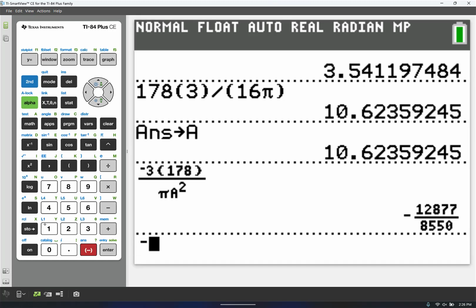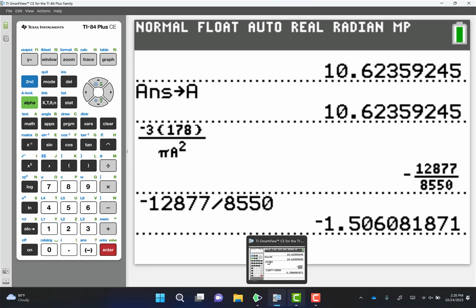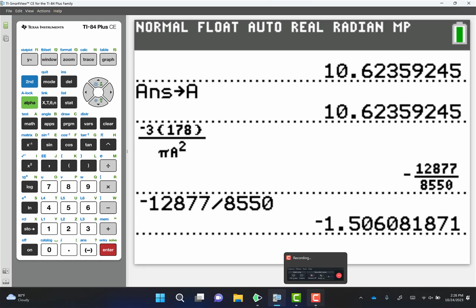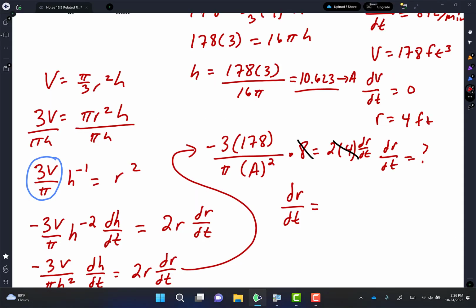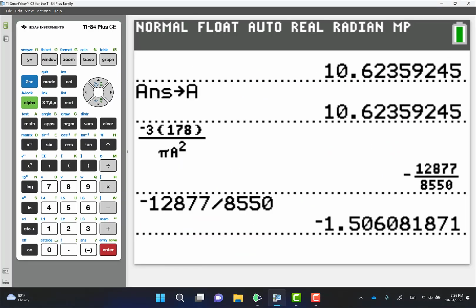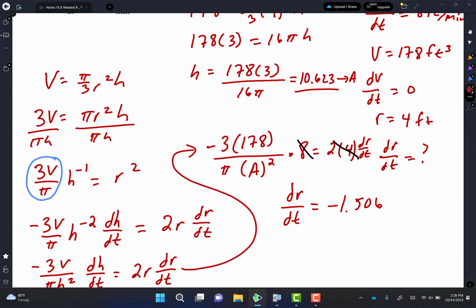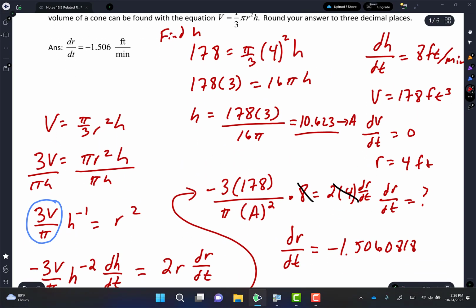Yeah, you can go ahead and just type it in like this, but I'll show you how to tell the calculator to always give you a decimal. And I'll show you that right now in a little bit. And there it is. Is that the same number that they have up there as the answer? We got it, guys. Negative 1.506. Let's put more digits just because we can. 0818. And the units are feet per minute.